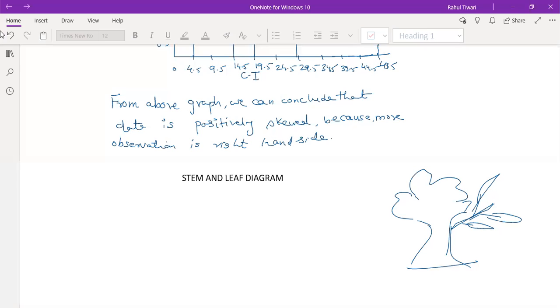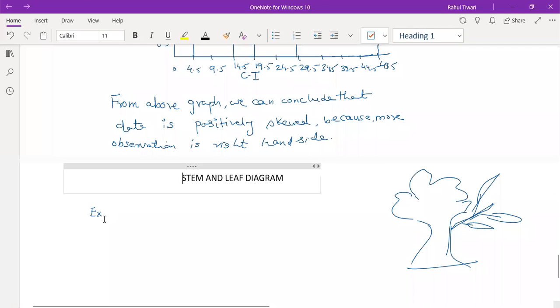So let's take this example. Let me leave some space for the theory here so that you can go through that.